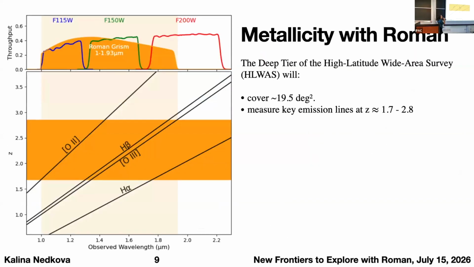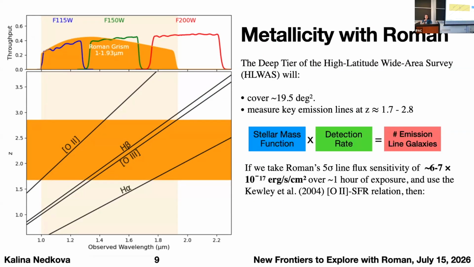And so I want to touch on what we can do with Roman. If we take the deep tier of the High Latitude Wide Area Survey, with the wavelength coverage, we'll be able to look at metallicities at redshifts of 1.7 to about 3.